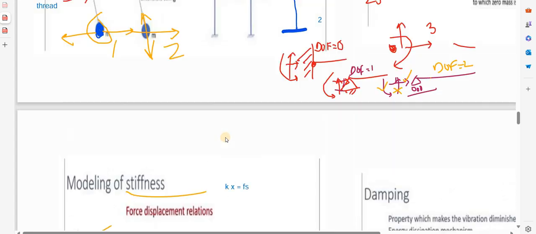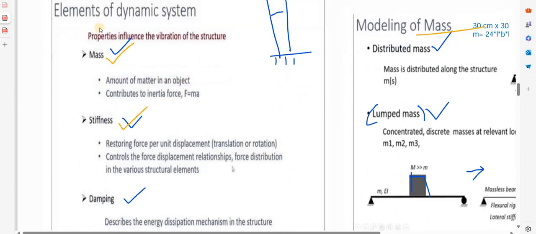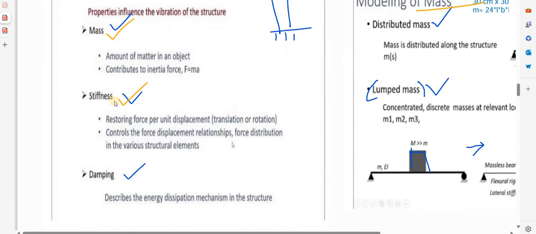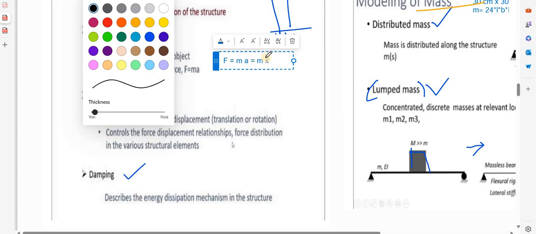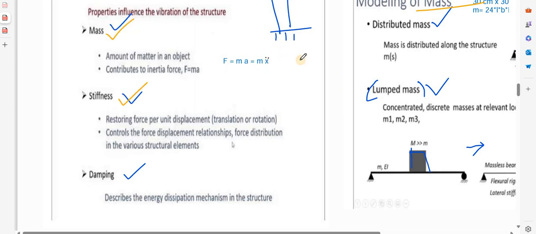There are three types of elements: mass, stiffness and damping. What we need to find out are the forces. Due to the mass, the force is F equal to m into a, mass into acceleration. The acceleration we denote as x double dot, with two dots on top, so F equals m into x double dot.